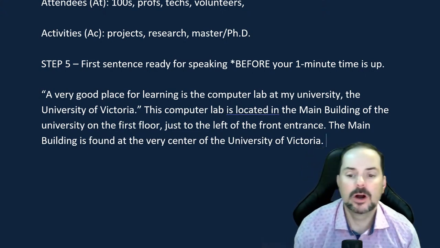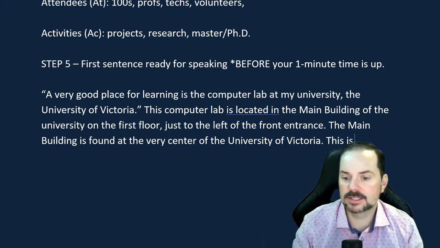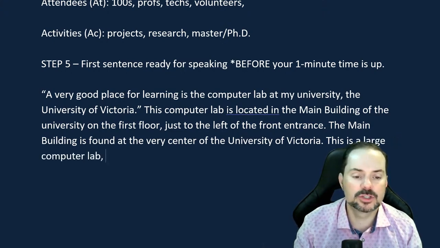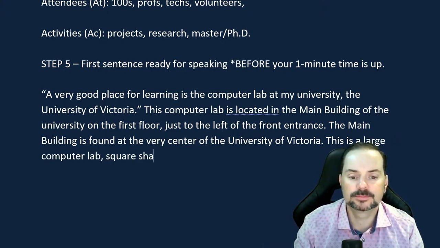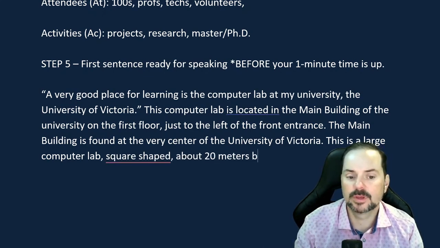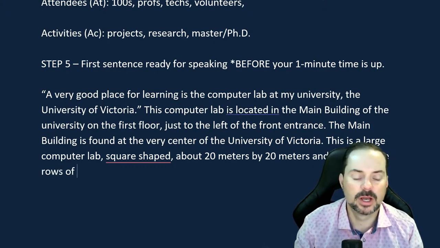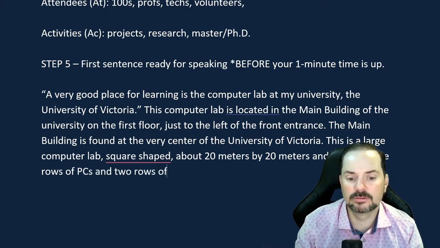All right. Okay, and I'm going through the steps here. All right. This is a large computer lab, square-shaped, about 20 meters by 20 meters, and houses 3 rows of PCs and 2 rows of Apple computers.